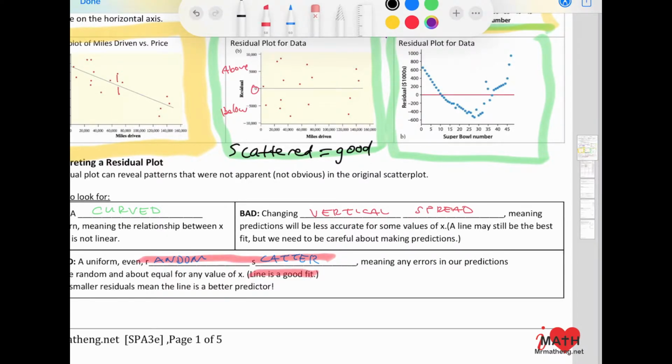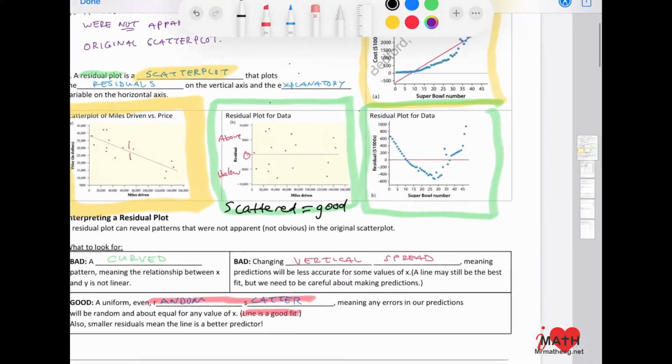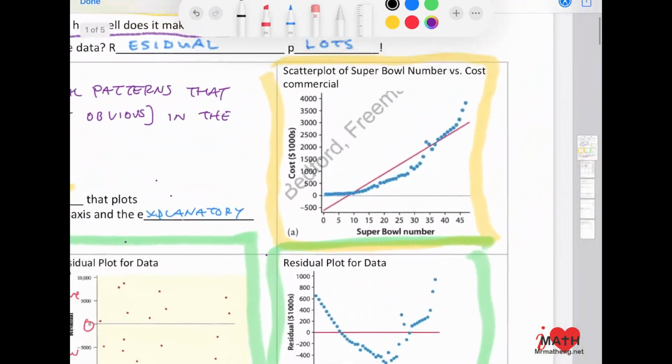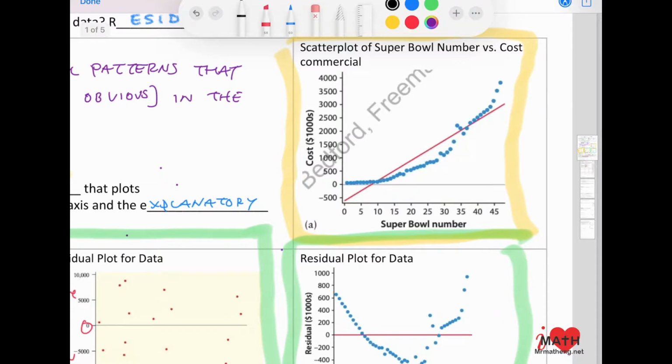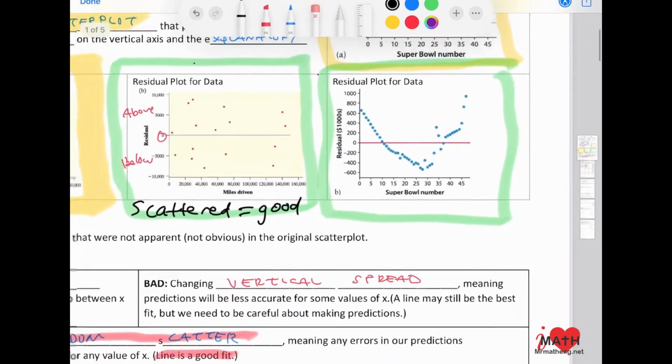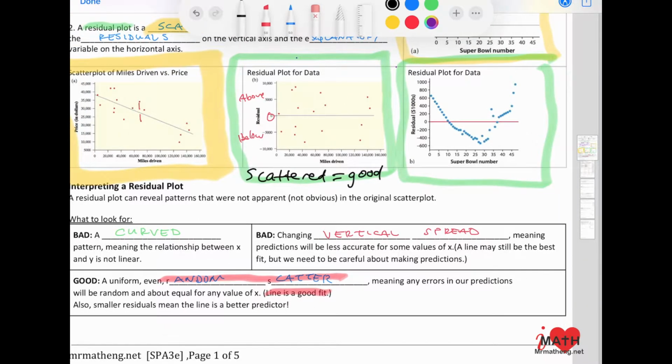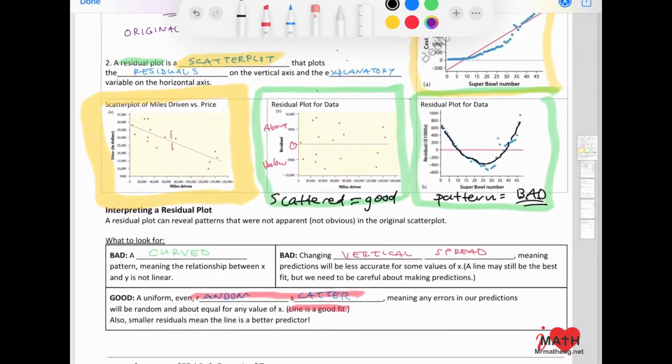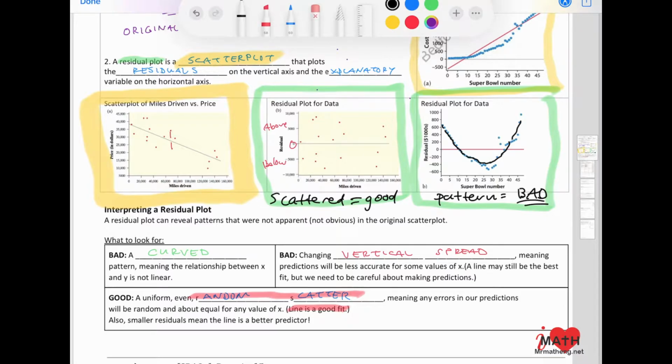This will look good for our line. Okay, let's look up here at Super Bowl. That's the scatter plot in yellow. But when you calculate the residuals, what do you guys notice? You actually notice a pattern. So let's write that pattern. This is bad. Okay, so that's just the big idea for page number 1.